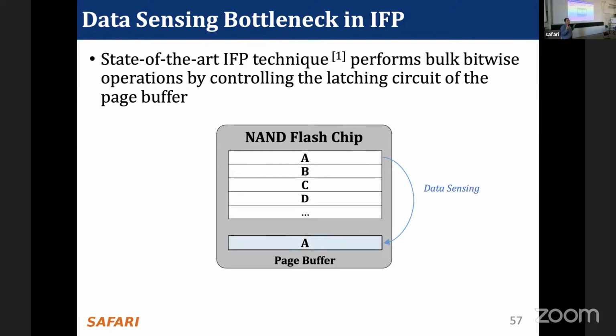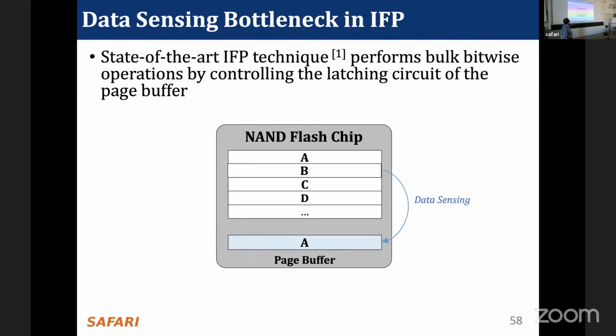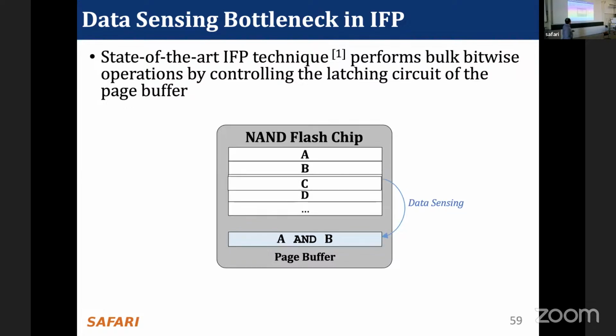In flash memory terminology, sensing means reading data. So we read the first operand into the page buffer, and by repeating this sensing and controlling some signals in the latching, you can accumulate AND, or you can accumulate OR.